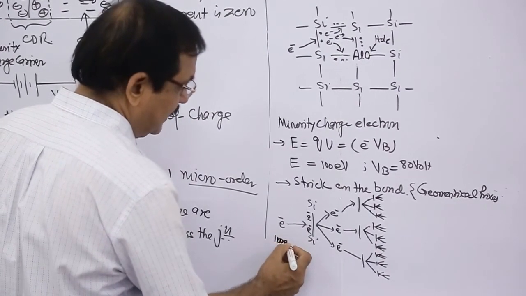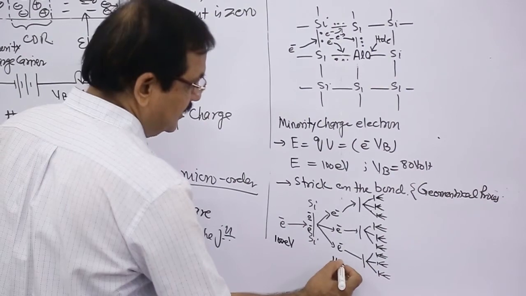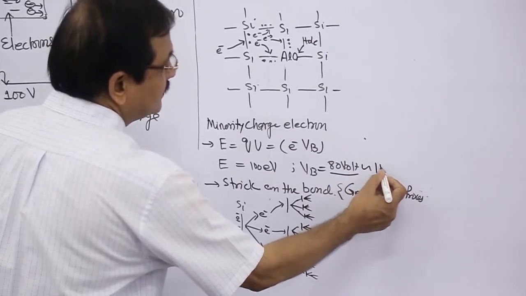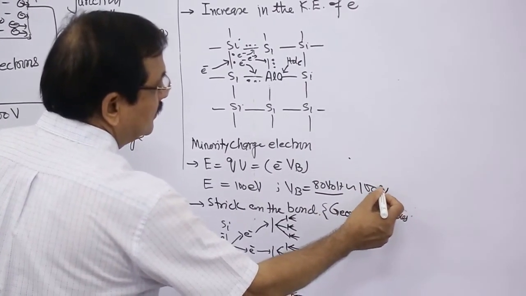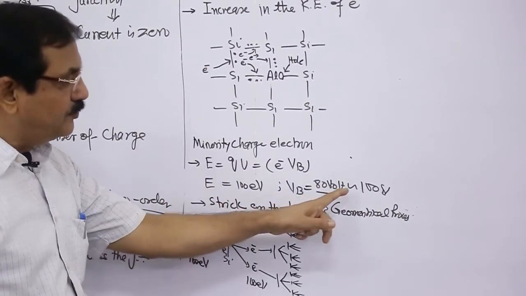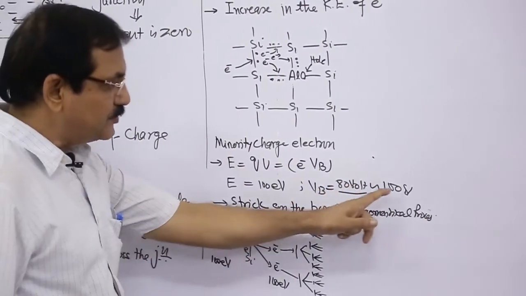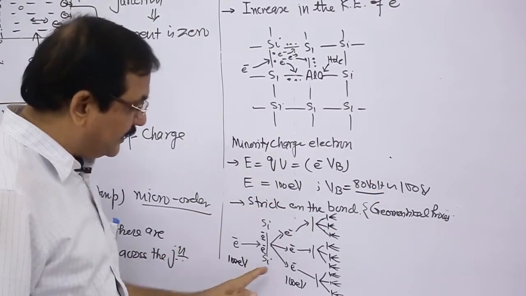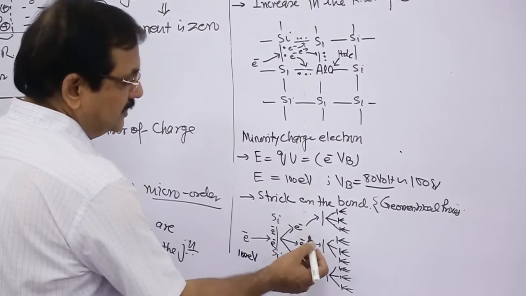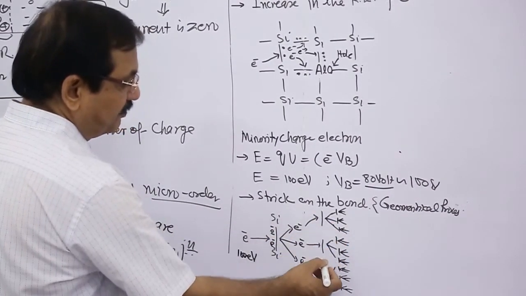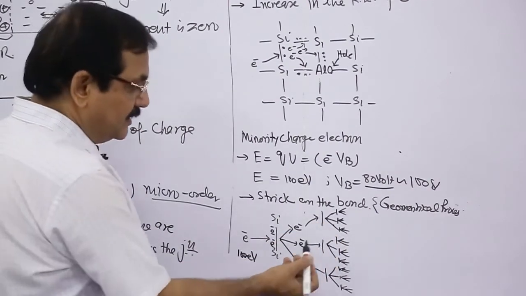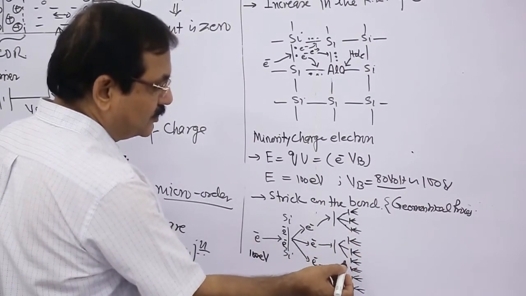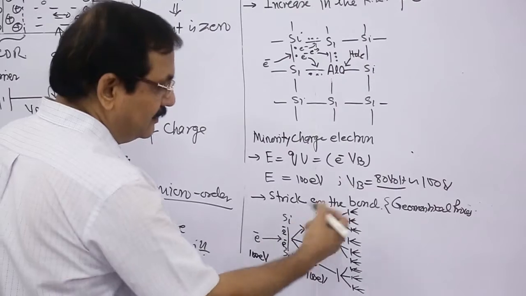This electron has 100 electron volt, again this electron has 100 electron volt, because this V is 80 volt to 100 volt. Say it is 100 volt, then there is 100 electron volt energy. The 100 electron volt energy again strikes the 3 bonds, then these 3 bonds break to make 3 electrons in each, and again the process continues.